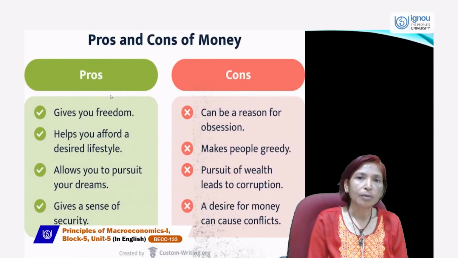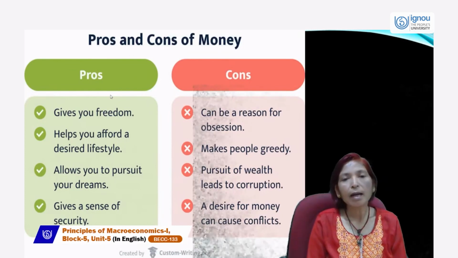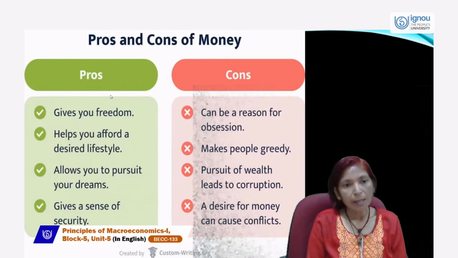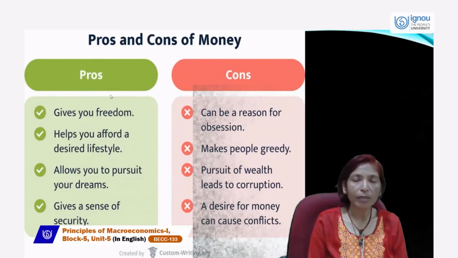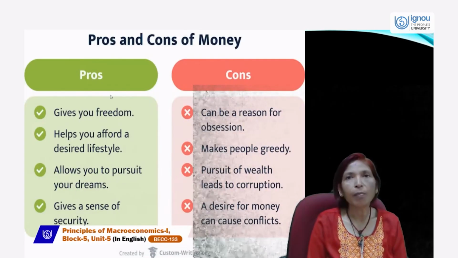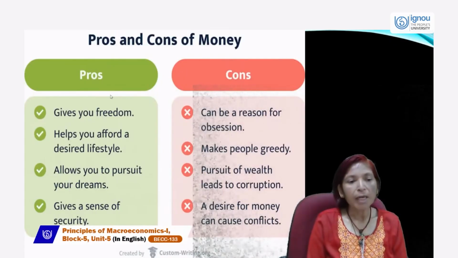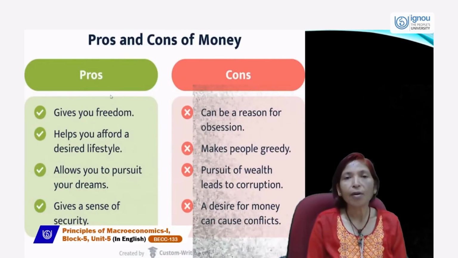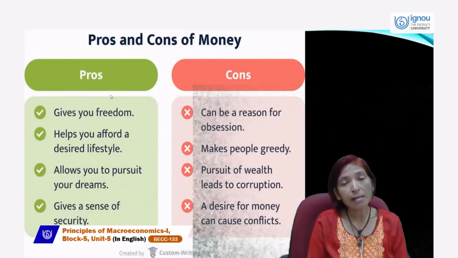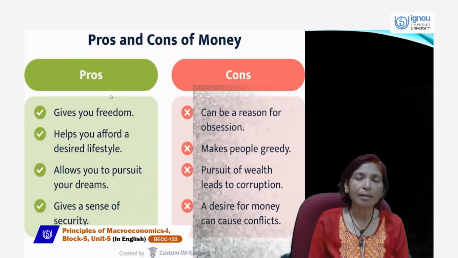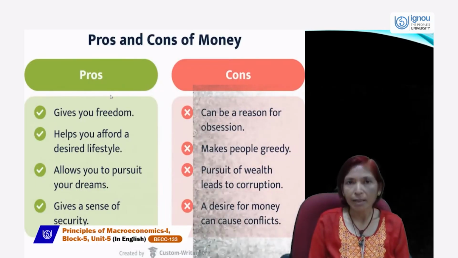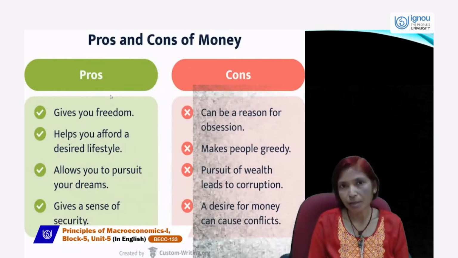Money helps you to afford a desired lifestyle. Money allows you to pursue your dreams. You can fulfill your dreams with the help of money. Money gives a sense of security, but it has some negative impact also. Someone said that money is a good servant but a bad master.